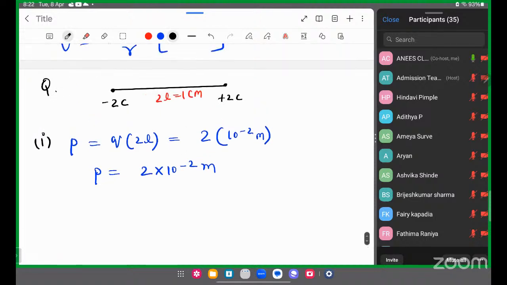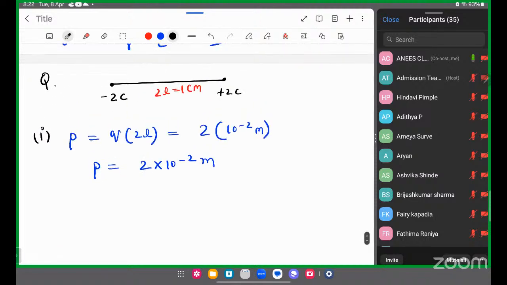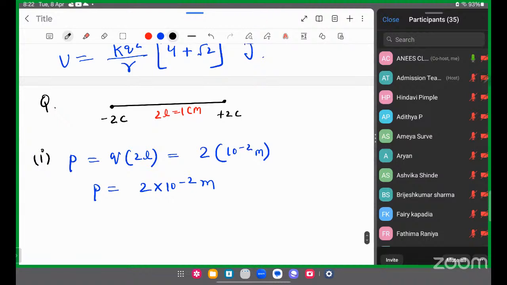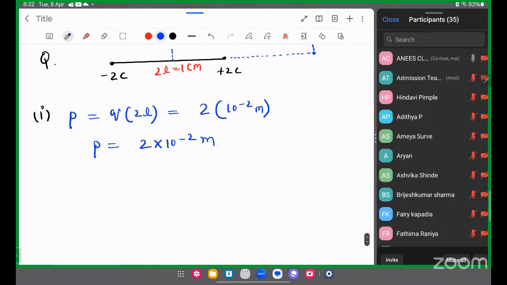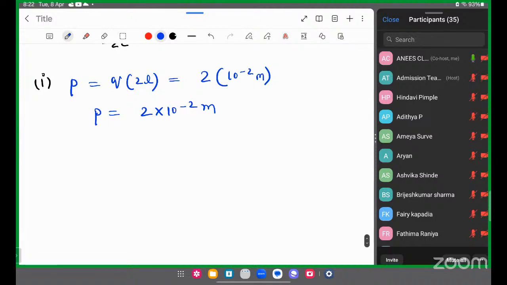Now the second part of the question may be: what will be the value of E at a distance of 1 meter from the center? That is, R is 1 meter. So the second question is how to find E. E will be Kp upon R cube.